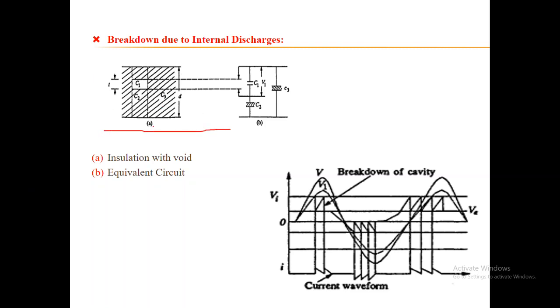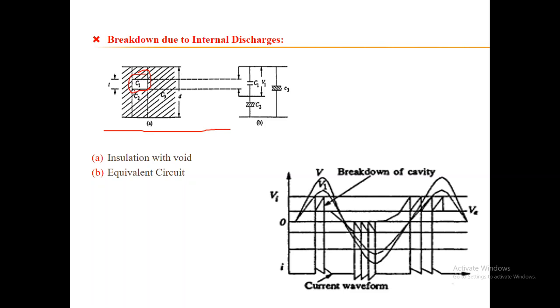Okay, so let us consider that the capacitor with a void inside the insulation is represented as C1. The capacitance of the void is represented by a capacitor in series with the rest of the insulation's capacitance.